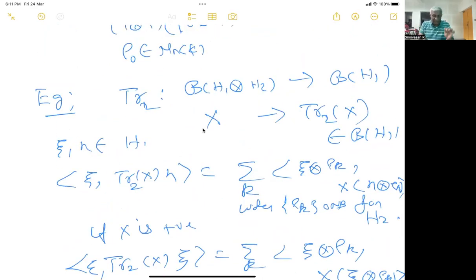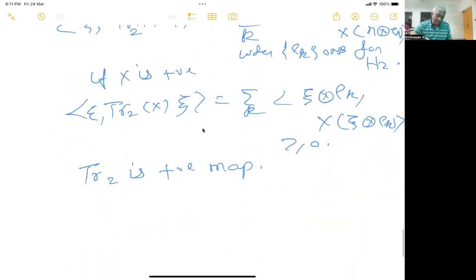In fact, one nice thing you can see is that this trace 2 is the dual of the tensoring map. What is the trace 2 map? Trace 2 of x is uniquely defined.